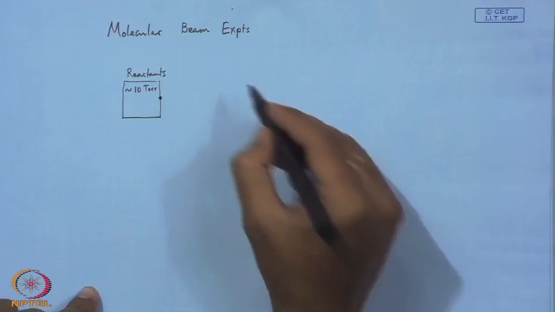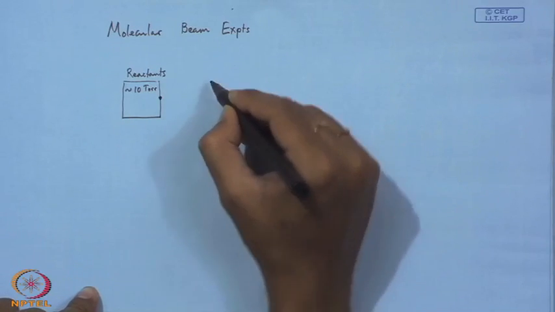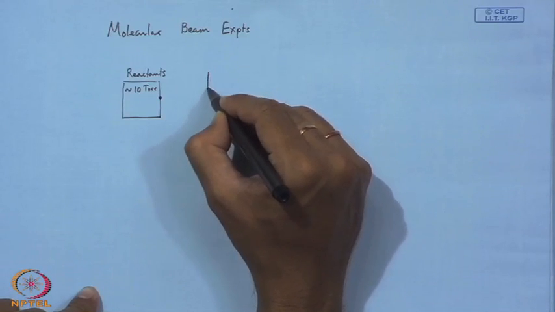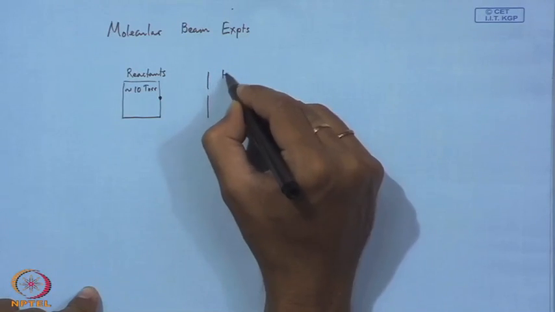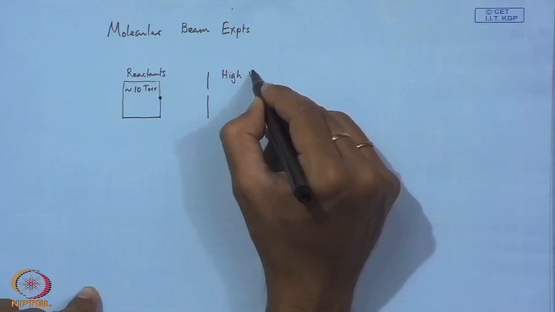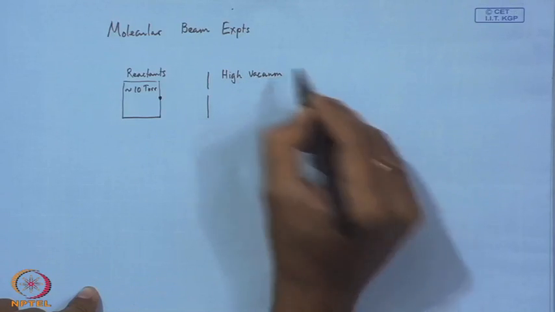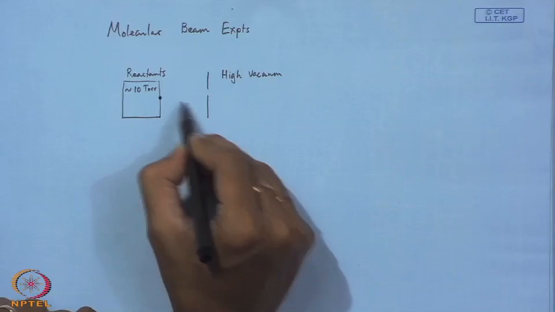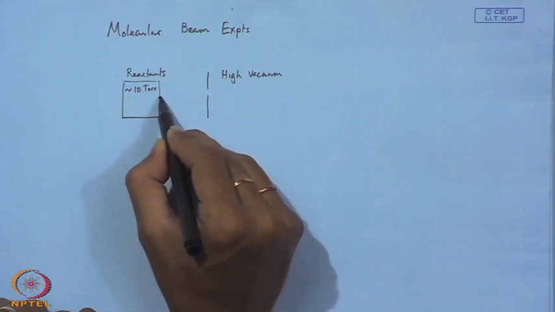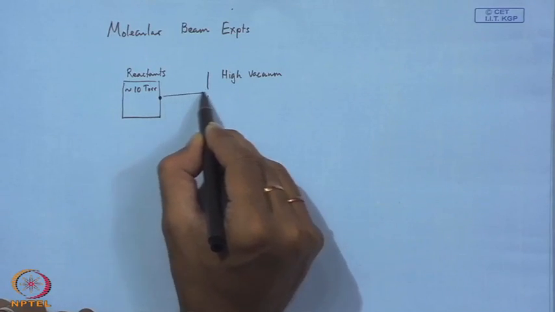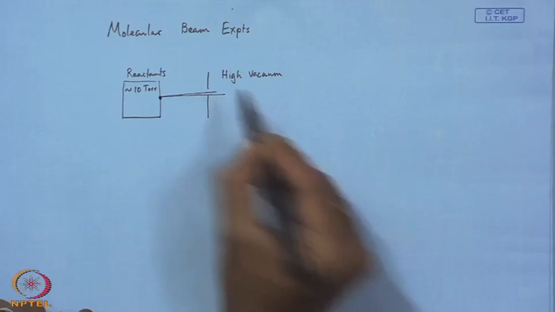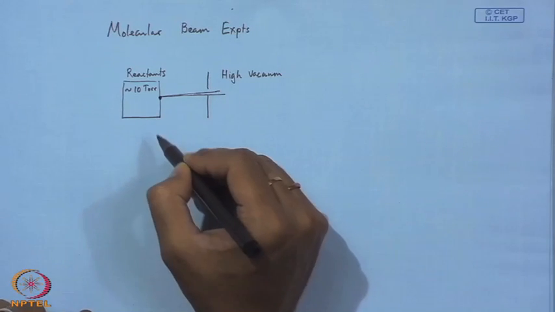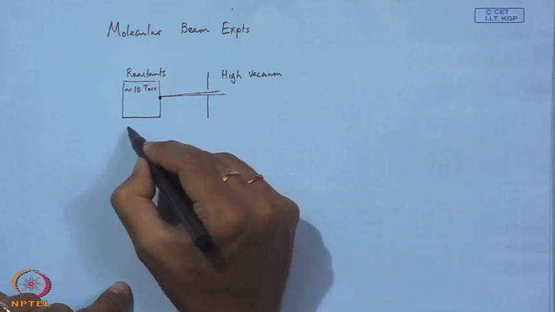On this side there is high vacuum. From the source the reactants will effuse like this, so this source acts as an effusive source.